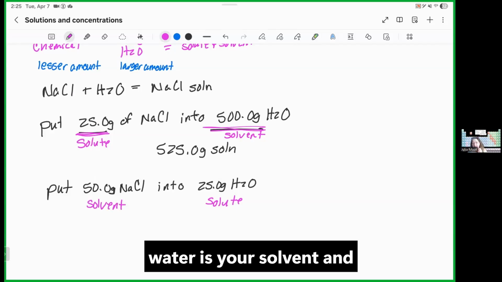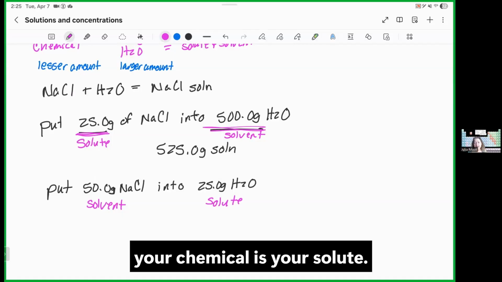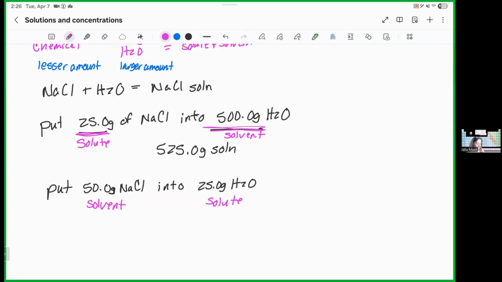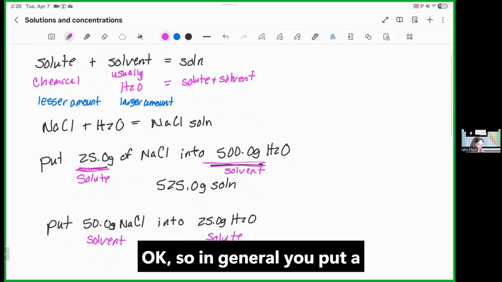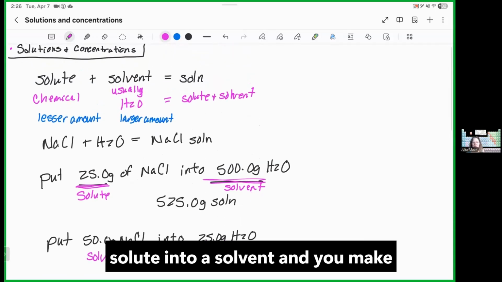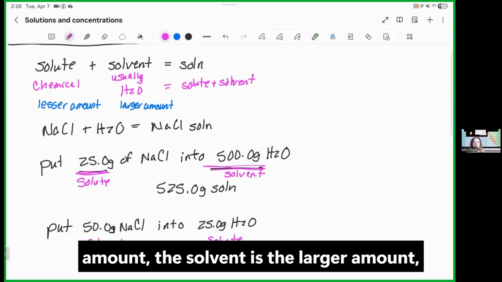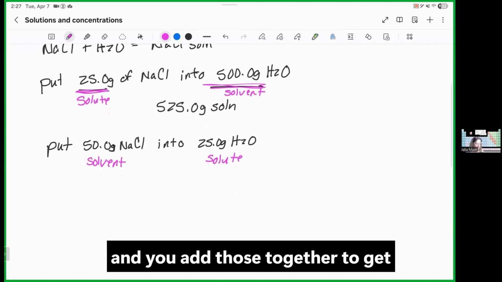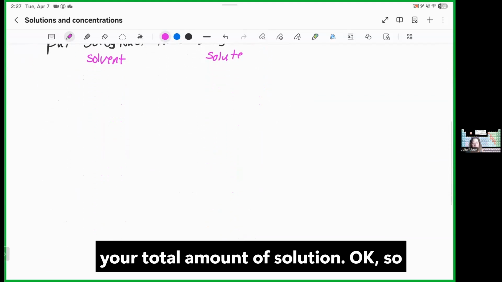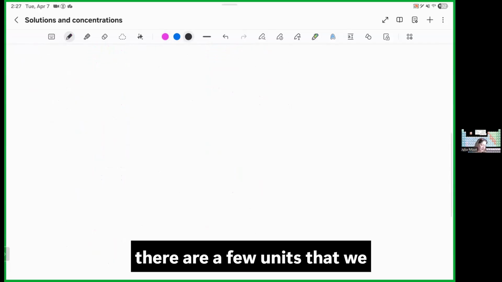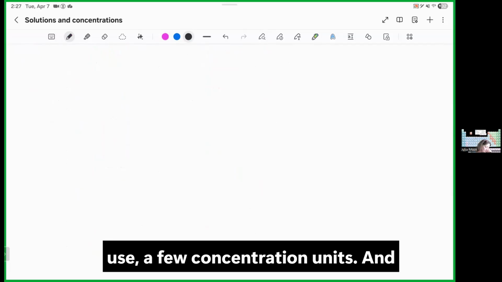Okay, but generally, water is your solvent and your chemical is your solute. So in general, you put a solute into a solvent and you make a solution. The solute is the smaller amount, the solvent is the larger amount, and you add those together to get your total amount of solution.